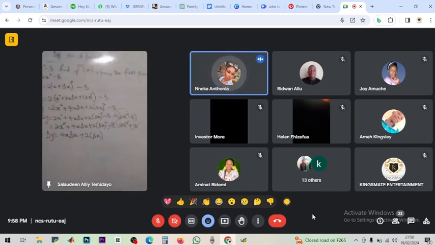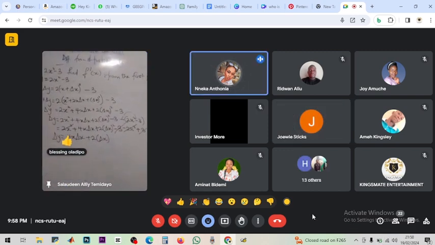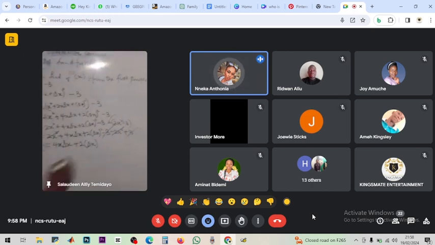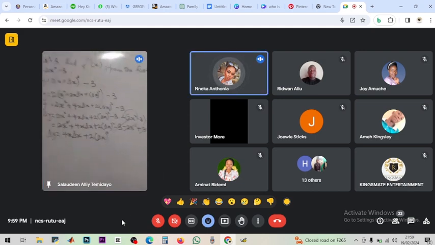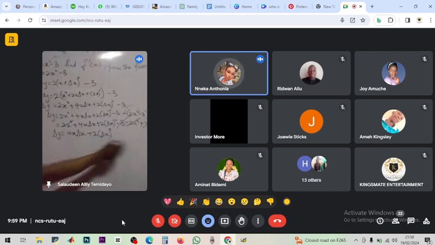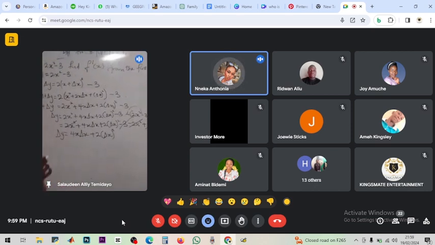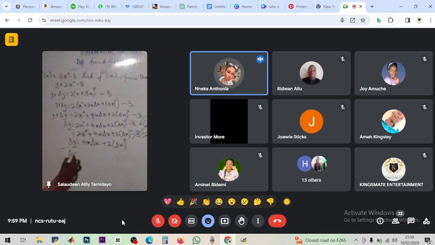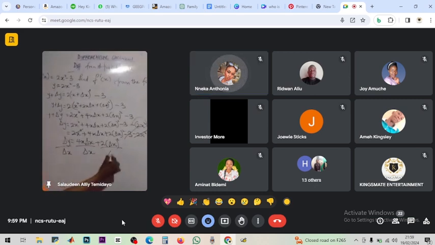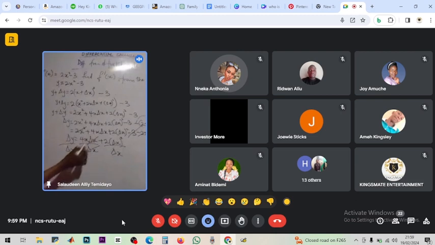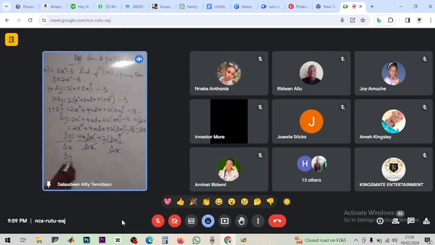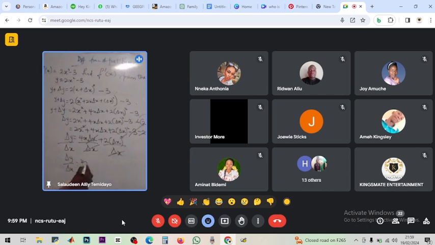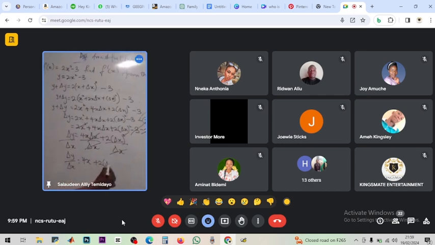The dx cancels the dx here, and the dx cancels the square here. If it is a cube, it happens too. So I have dy/dx to be 4x plus 2 dx.